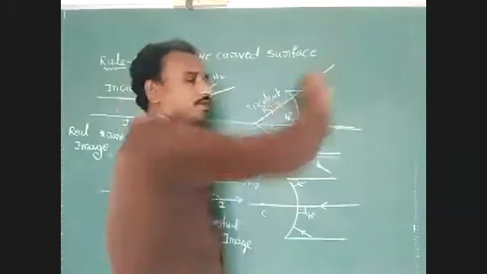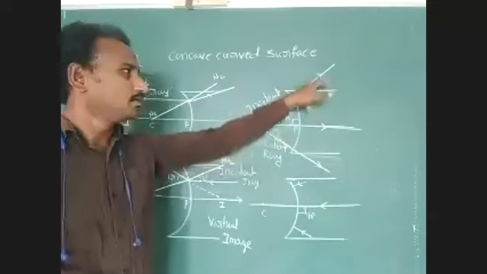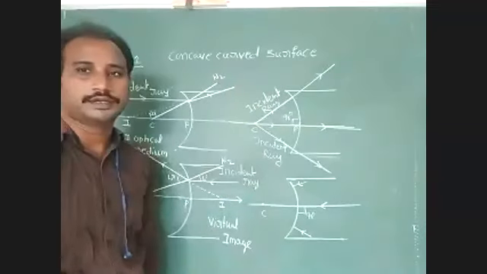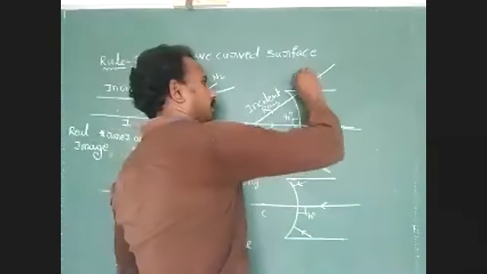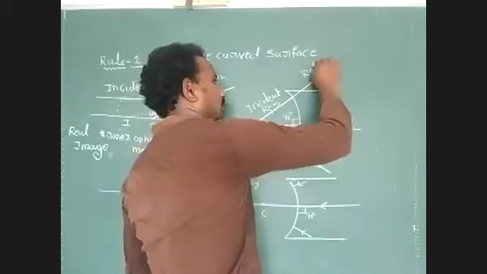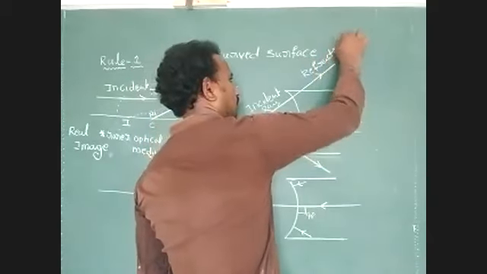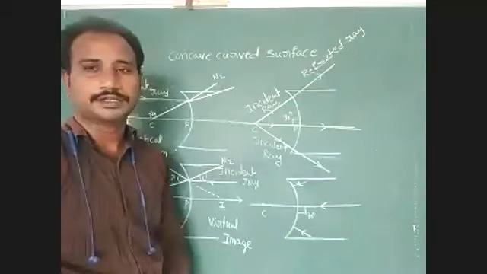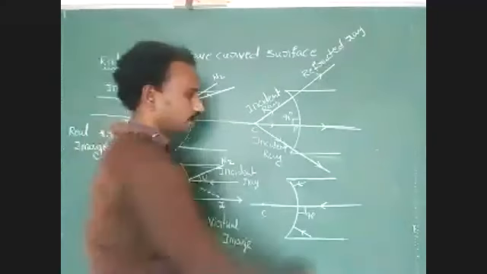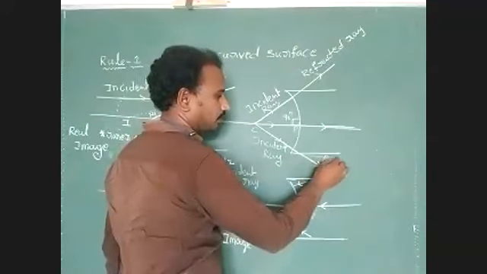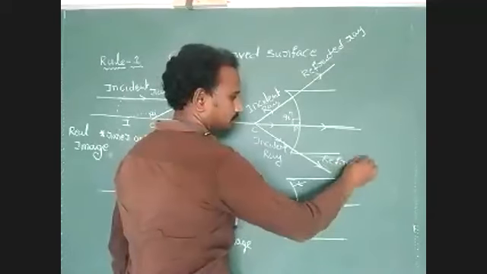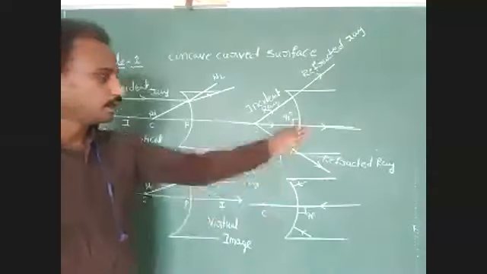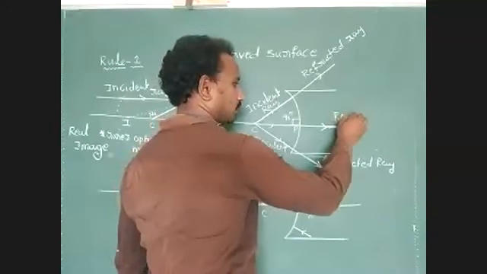What is the direction of the refracted ray? The direction of the refracted ray is the actual path of the incident ray. So we represent the refracted ray along the direction of the incident ray. Here also we represent the refracted ray, and here also we identify the refracted ray direction.